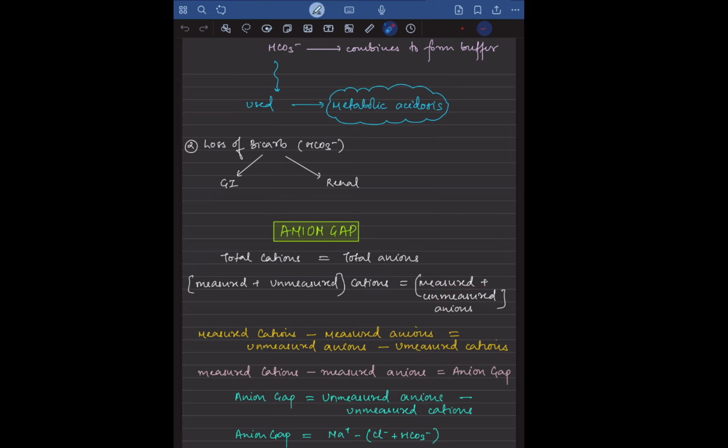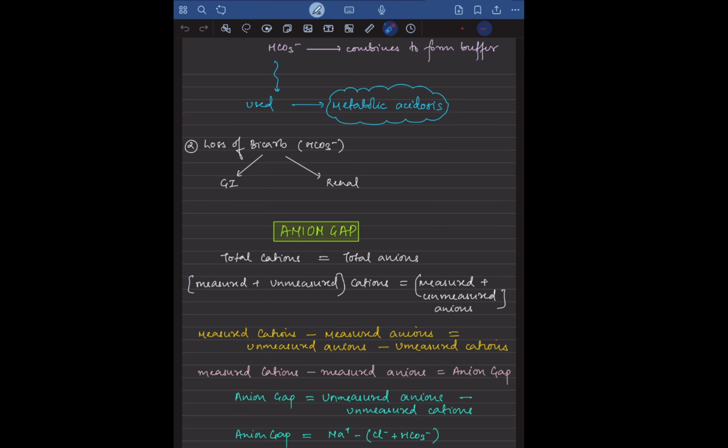So we calculate the measured cations minus the measured anions, which is the anion gap. So anion gap can be written as unmeasured anions minus the unmeasured cations. This is the formula we have created: the measured and unmeasured cations equal the measured and unmeasured anions.